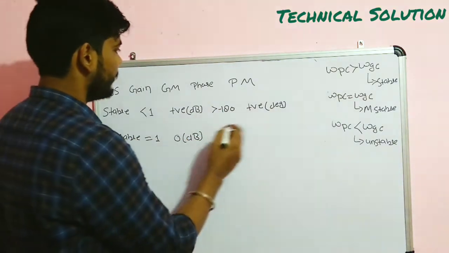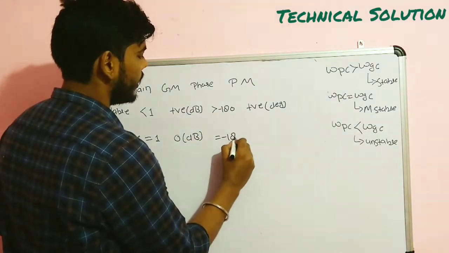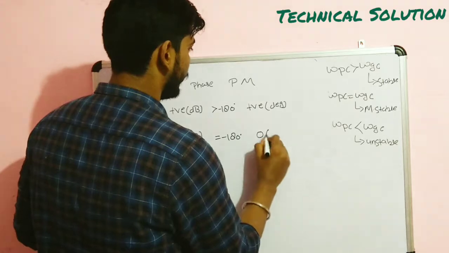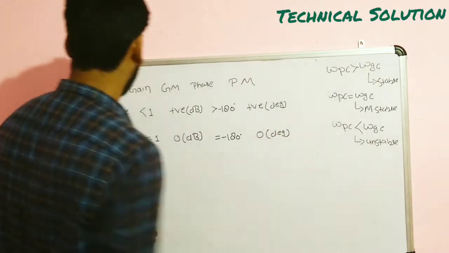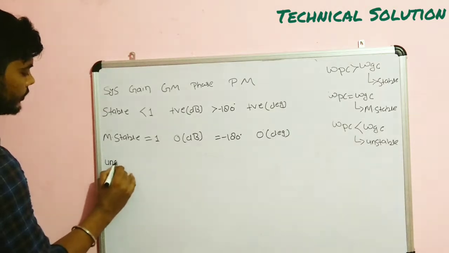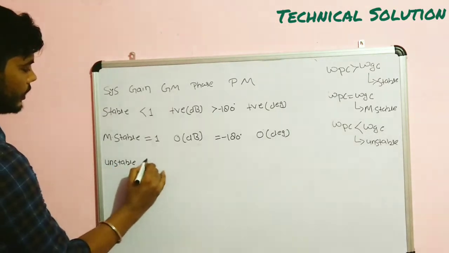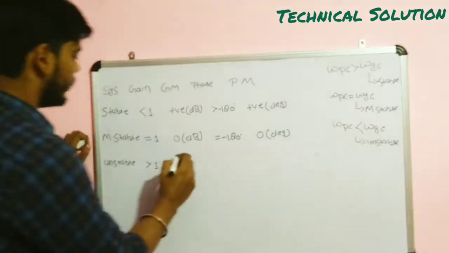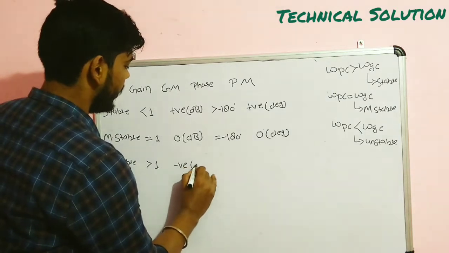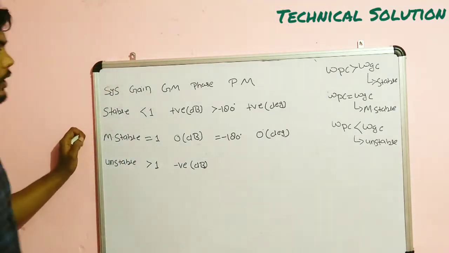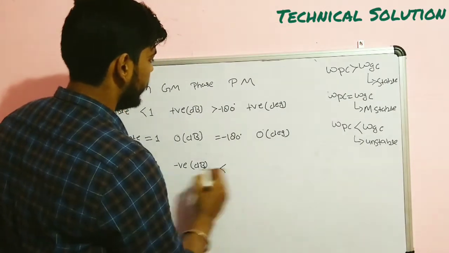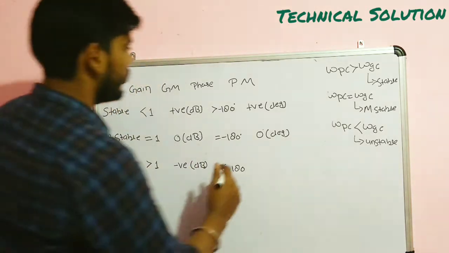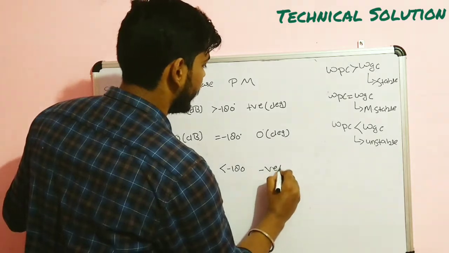In terms of phase, the phase is equal to minus 180 degrees and the phase margin is 0 degrees. For an unstable system, the gain is greater than 1, so the gain margin is negative in dB. The phase is less than minus 180, so the phase margin is negative.